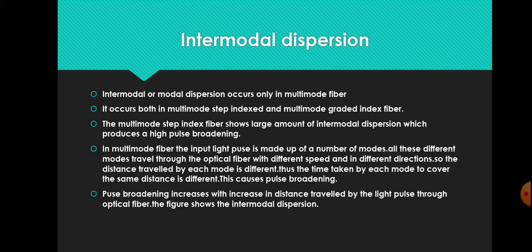So, in multimode fibers, we know that the input light pulse is made up of a number of modes. All these different modes travel through the optical fiber with different speeds and in different directions, so the distance traveled by each mode is different.